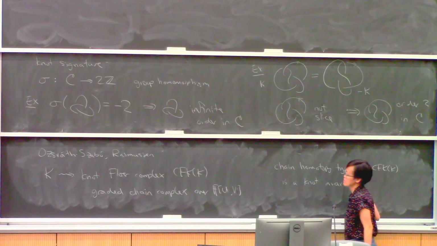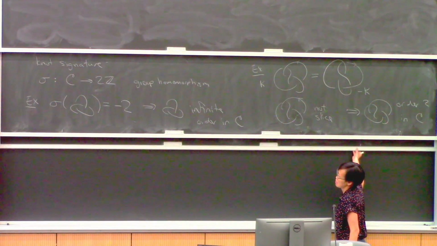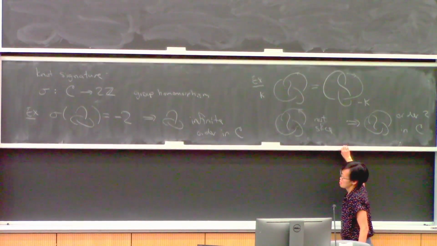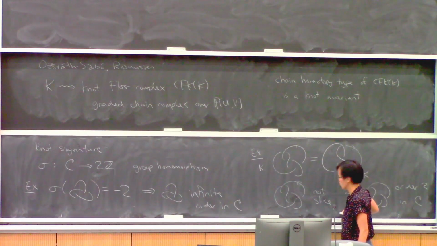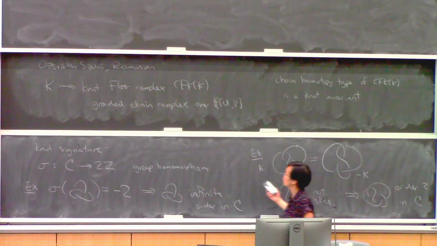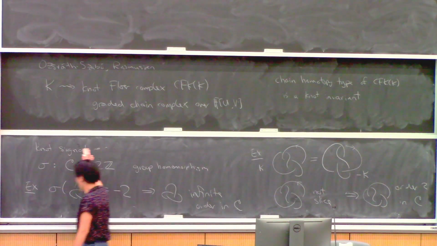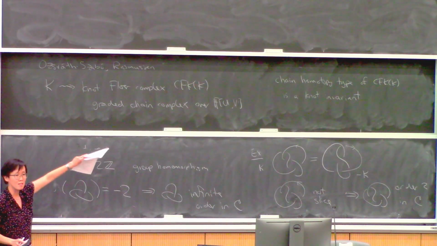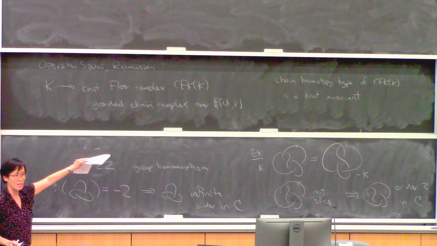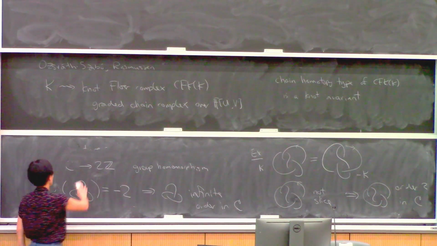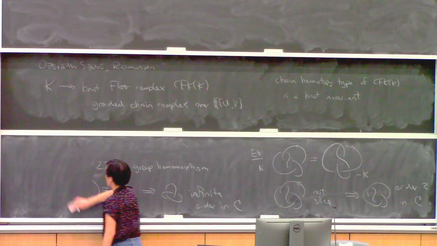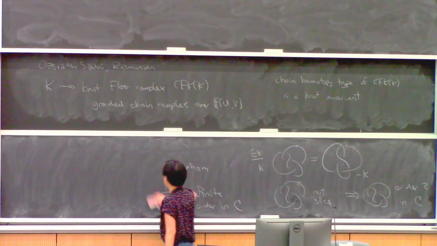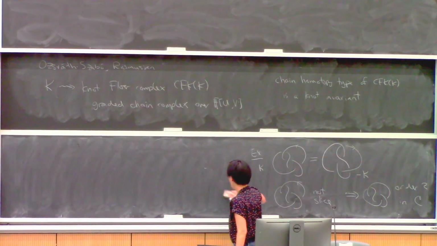But we're interested in knots up to concordance. And in fact, the bad news is that there are concordant knots that have inequivalent knot Floer complexes. So the knot Floer complex, as it comes to you, is not going to be useful for concordance.